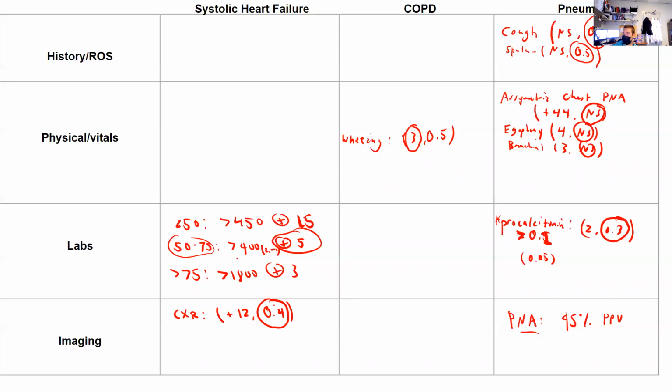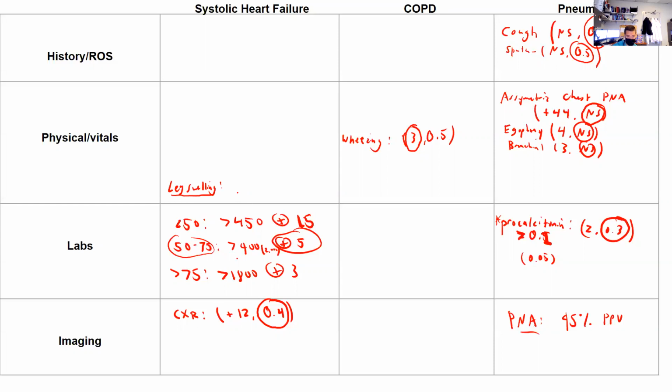All right, and then we got leg swelling. I always thought leg swelling would be pretty good for systolic heart failure. It's actually not that great. I think you do see this not so uncommonly, that patients present with heart failure and they may not have leg swelling. And then other things can cause leg swelling.